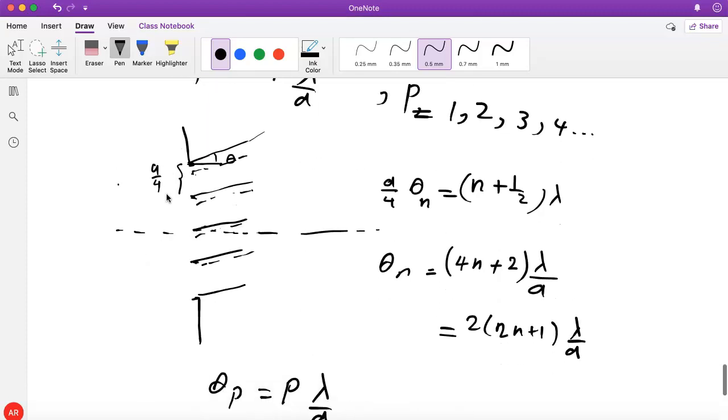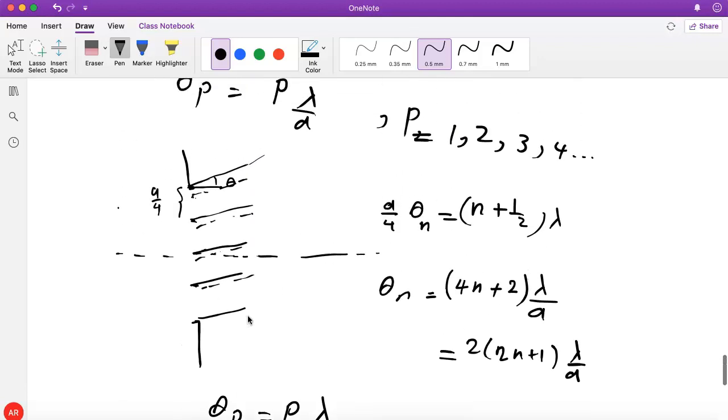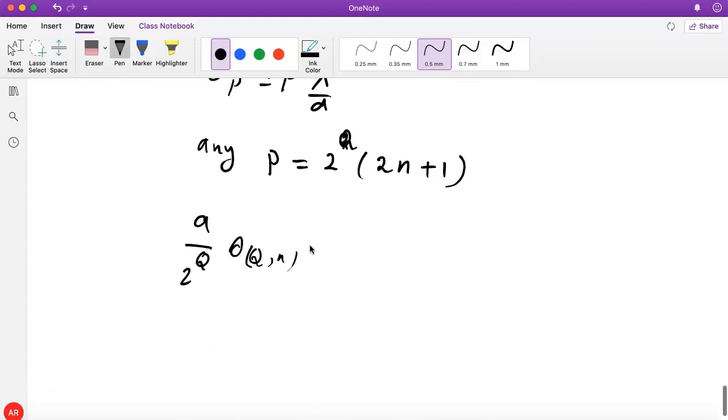So let's say I write a times 2 to the q, right? In the same way that we had 4a over 4, we have 2 to the q a over 2 to the q intervals, and then each of them pairs up and cancels out, so that times theta of q and n becomes n plus a half times lambda.